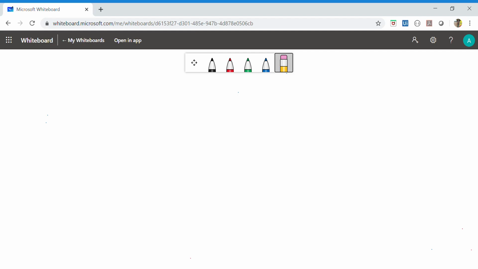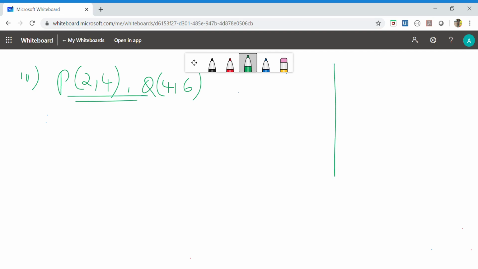Next, 10th question. Write the angle made by the line joining P of 2 comma 4 and Q of 4 comma 6 with x-axis. So what you have to find out? Angle made by the line joining these 2 points with positive direction of x-axis.